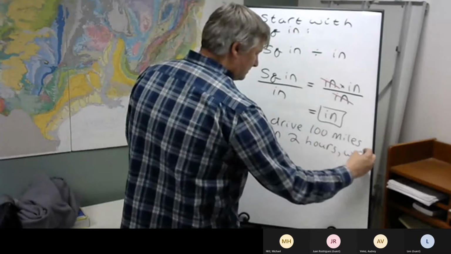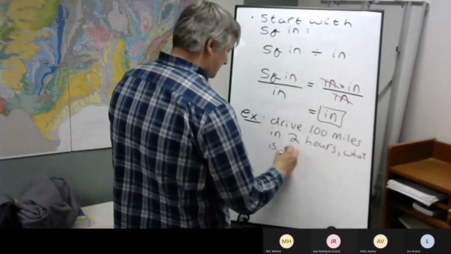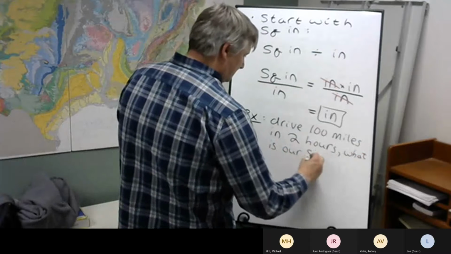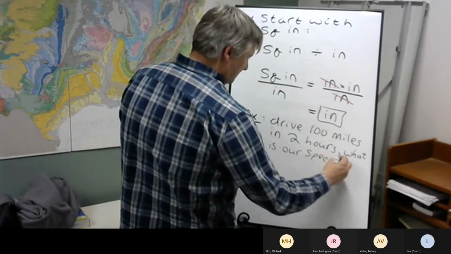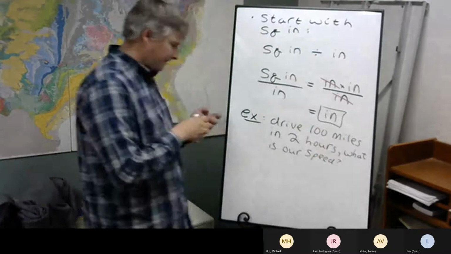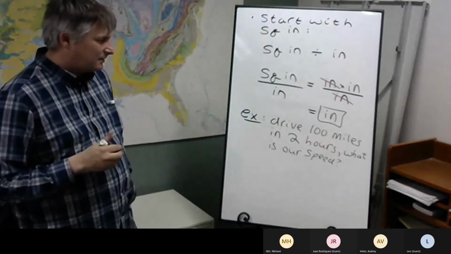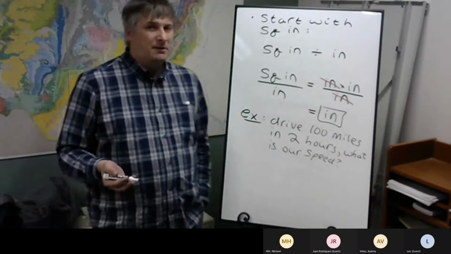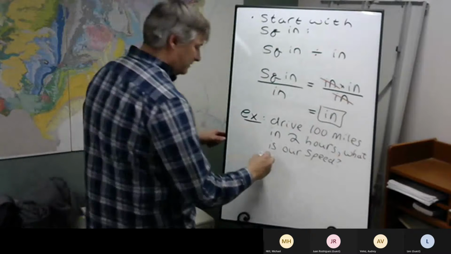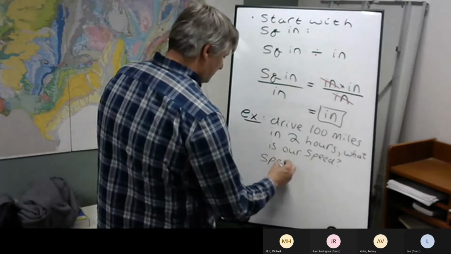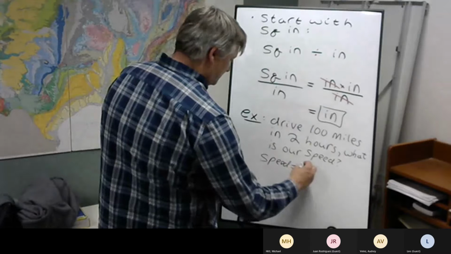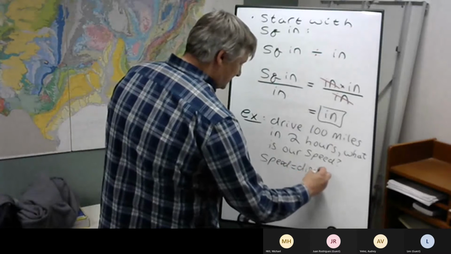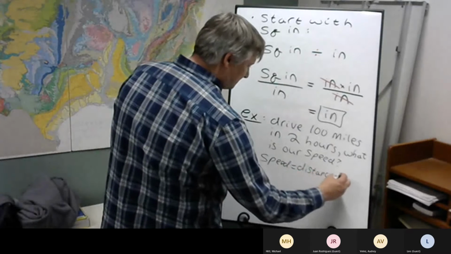What is our speed? Now, the way we come up with speed is going to be distance over time. So a little bit of physics here for this problem.